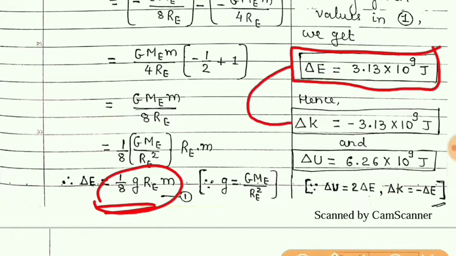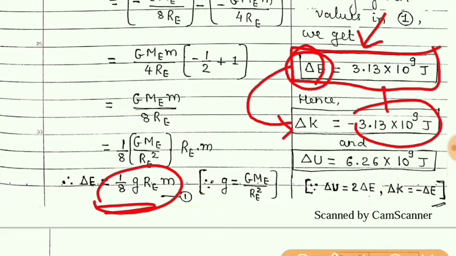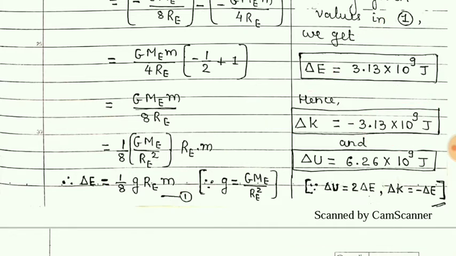Now what will be the change in kinetic energy? Students, here this change in total energy is positive. So definitely the kinetic energy will have the opposite sign. The magnitude will be the same, as I told earlier. The magnitude remains the same, but as the change in the total energy is positive, the kinetic energy will definitely be negative.